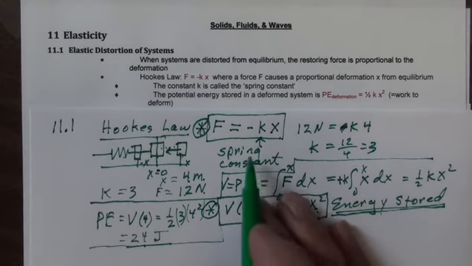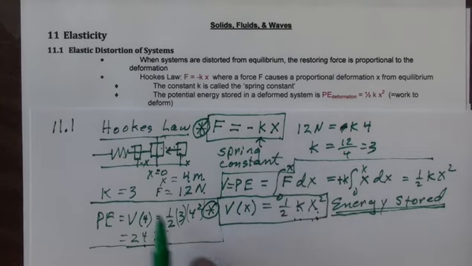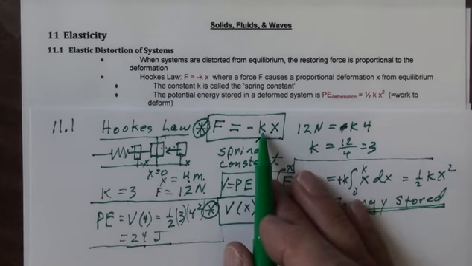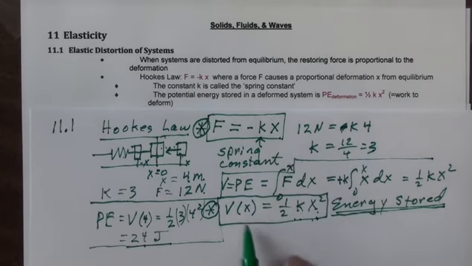The constant is called the spring constant. And if we know the force and we know the distance, we can compute the spring constant. And that's normally how that would be done first. Knowing that, for any deformation, we can compute how much work it takes to do the deformation, and therefore the amount of energy that would be stored in the system, in this case 24 joules.